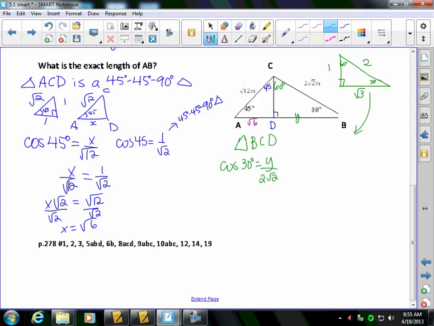From my 30, 60, 90 triangle, I know that the cos of 30 is equal to square root 3 over 2. So I do the same thing. I put them equal to each other.